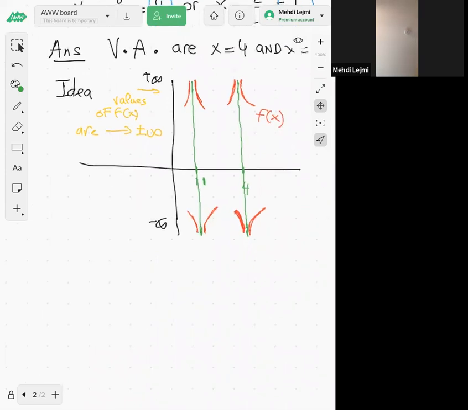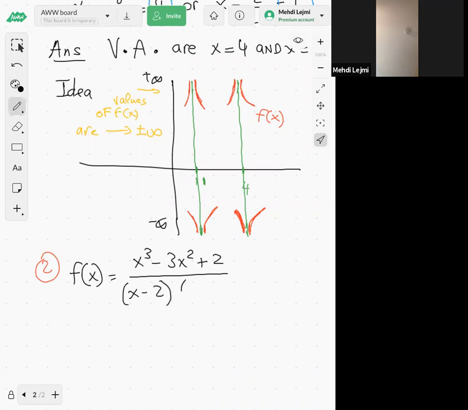So example number 2. Let's say now f of x is equal to, let's say, x cubed minus 3x squared plus 2 over x minus 2 times x plus 2. Okay. So for the vertical asymptote, guys, remember, just solve the bottom equal to 0.